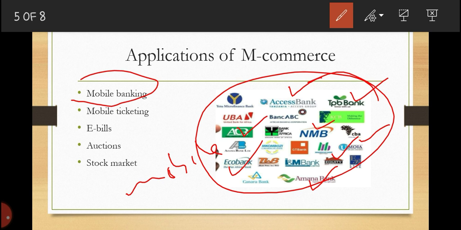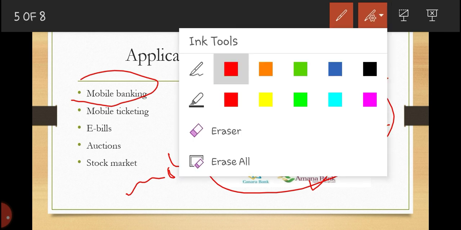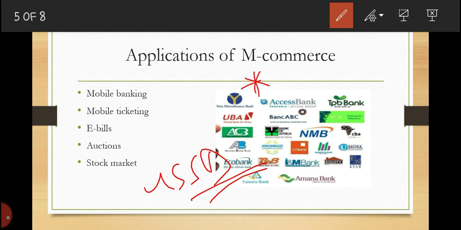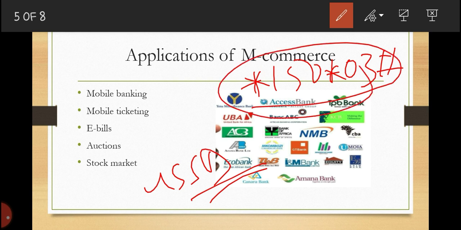In Tanzania, the majority of these transactions now happen using mobile, and they use USSD technology, where a customer dials a certain number, then gets the service. For example, for CRDB, you dial star 150 star 03 so that you can get mobile bank services. So one among the applications of mobile commerce is mobile banking.